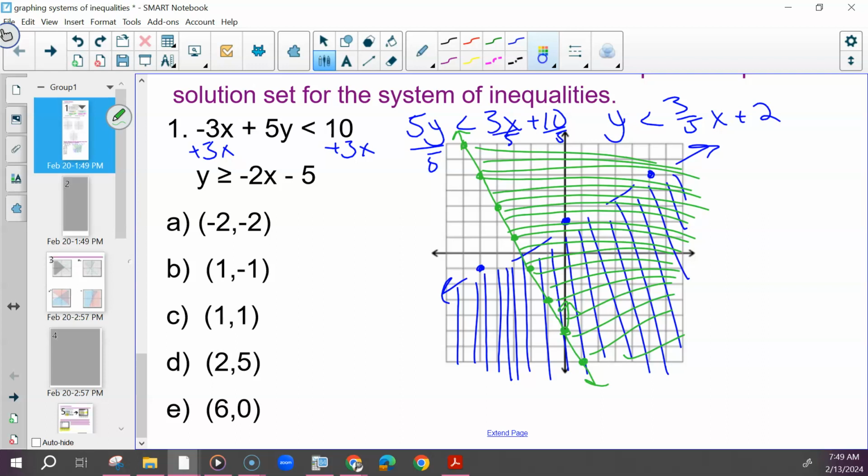So then your goal is to find where they overlap. And you could either show that by having two different colors, by doing the lines two different ways, by maybe shading one darker than the other, or you can highlight over the entire overlapping section.